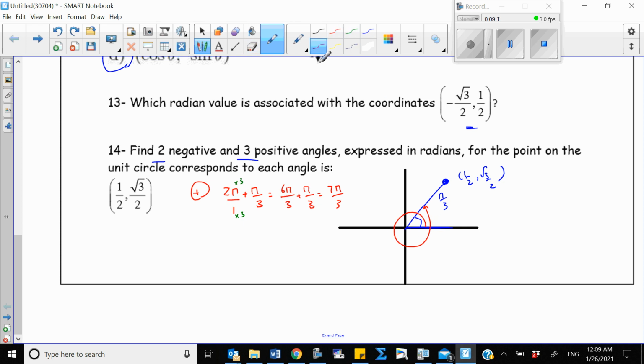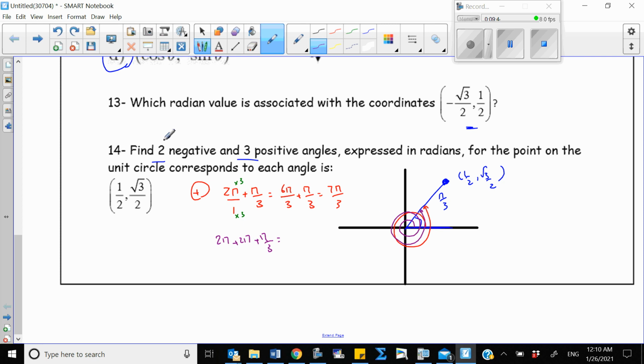I'm going to use this color. For example, another positive one is 2 pi, 2 pi's, and you stop here. So this is another positive. Just calculate what is that. It's 2 pi plus 2 pi plus pi/3. Add them. Then for the next one, you just need to make 3 full circles and find the answer.